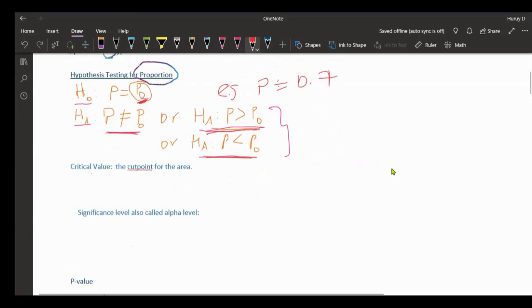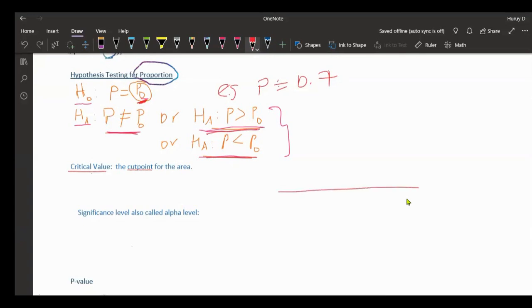And then we have the critical value. And this critical value is the same as the critical value that we have been using in constructing confidence intervals. So to find the critical value, it depends basically on the confidence level.